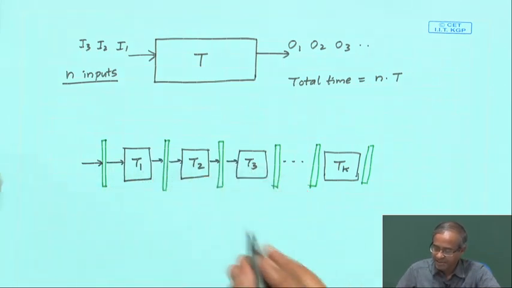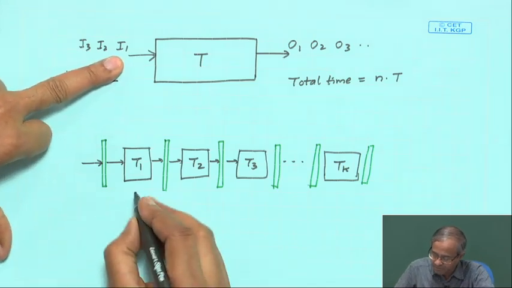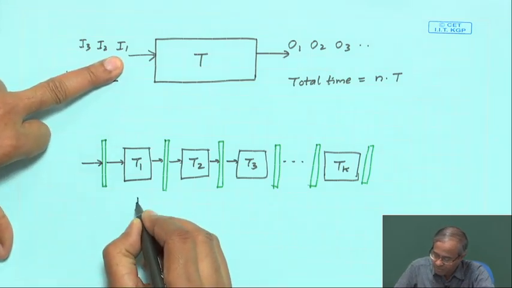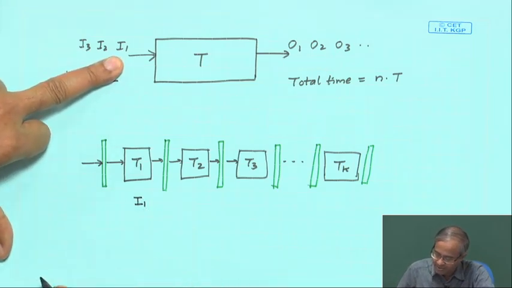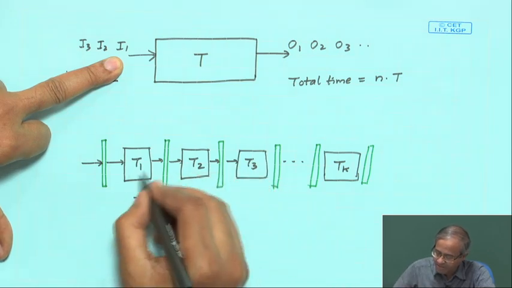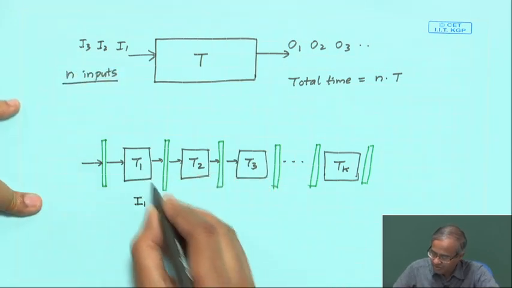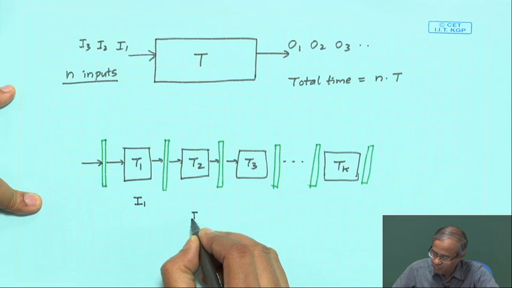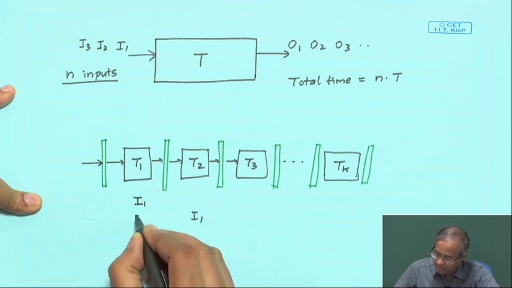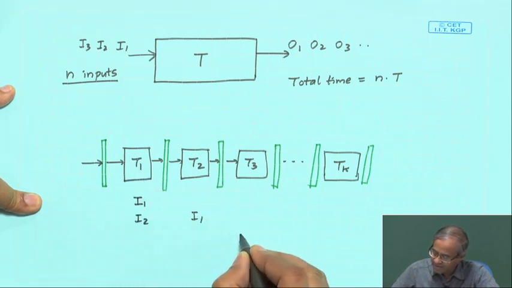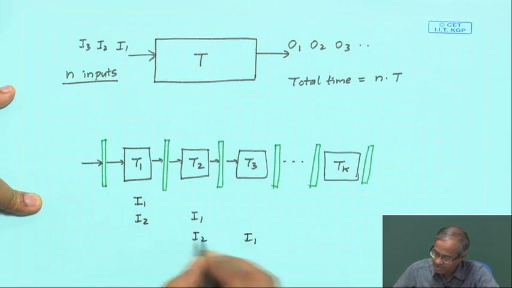Now, the basic idea is that when input I1 comes, first I1 will come to T1 and get executed, but after some time T1 will be finished. So, the result of I1 will go to T2. Now, T1 can start with I2. Then in the next step I1 will go to T3, I2 will come here and I3 will come here.